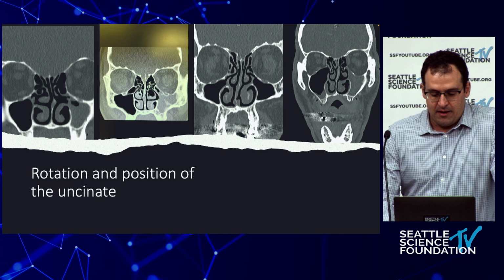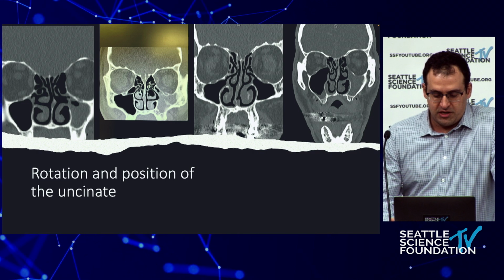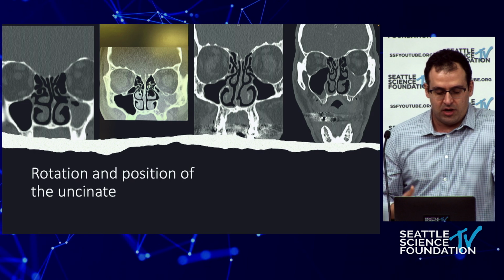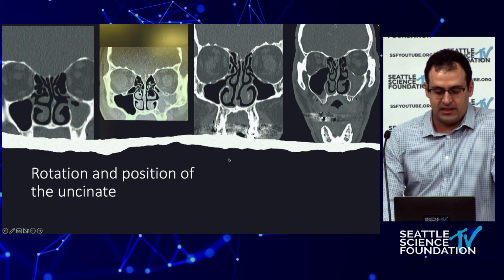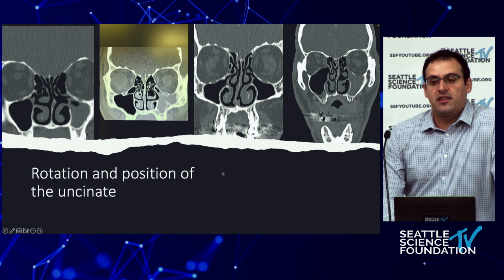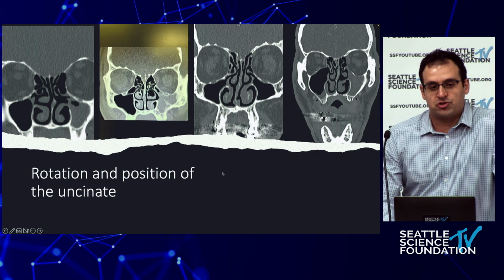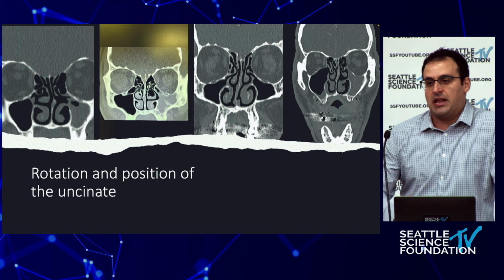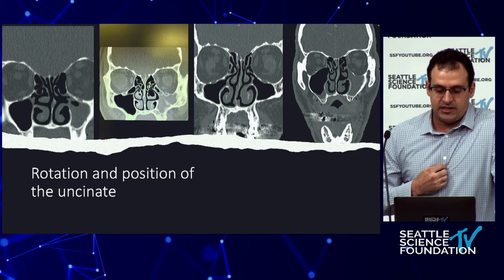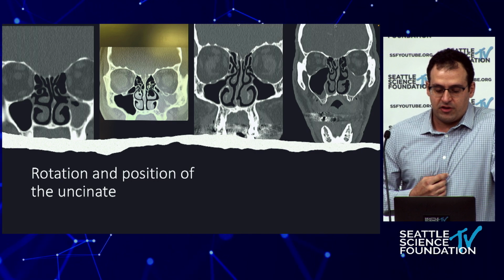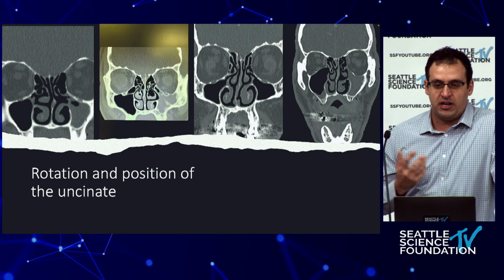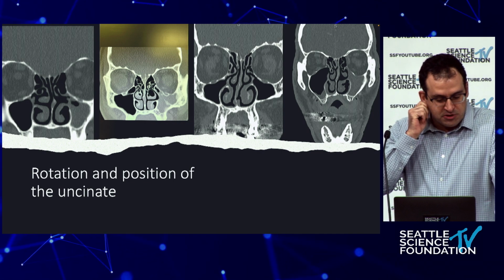This one is important both for preservation of the orbit and for understanding how you're going to progress through the case: understanding the position of the uncinate. The uncinate is a very important structure to remove in chronic sinusitis to allow for appropriate aeration, delivery of topical medications, and functioning of the maxillary sinus postoperatively.